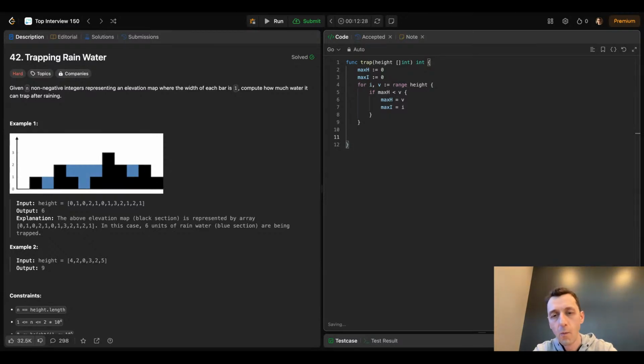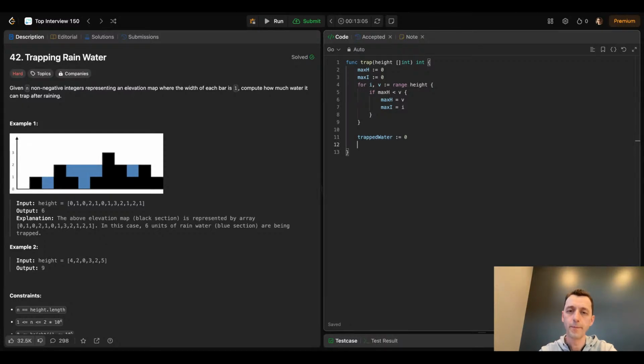Now, the volume, or trapped water, is going to start with 0.